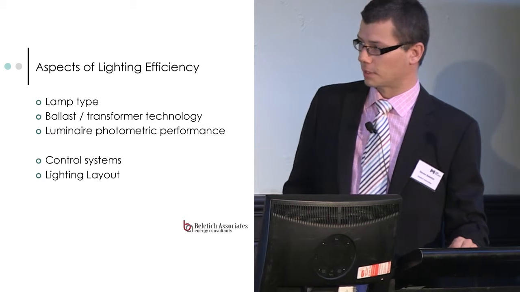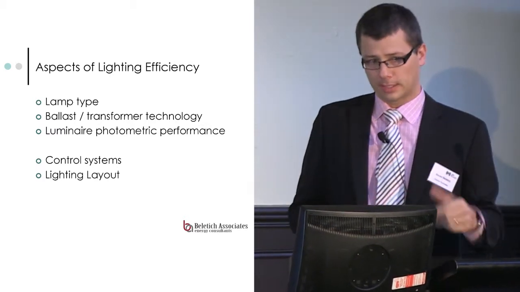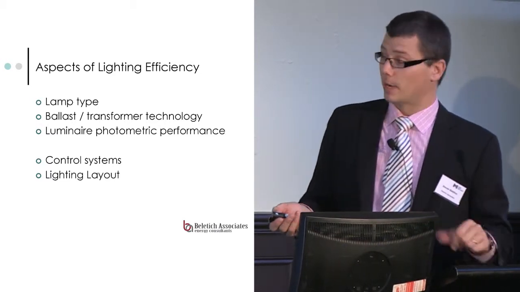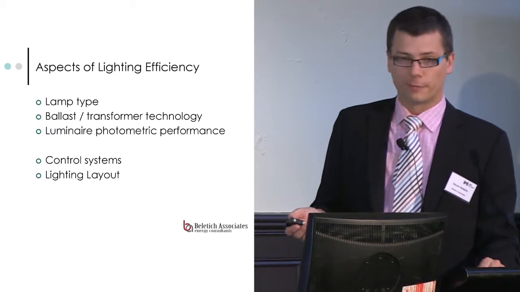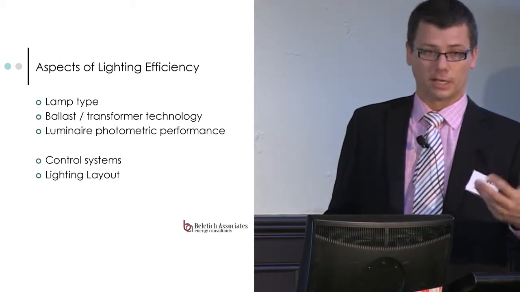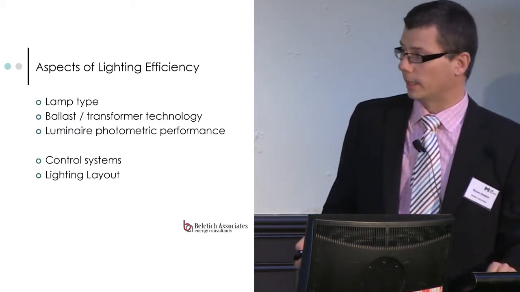All those sorts of control systems are very worthwhile, but there's sort of another layer of complexity. I won't get into those too much, in this seminar anyway, but the first step is determining the lights you have, are they efficient, and then from that you can then talk about control systems to try and switch those lights off when they're not being used.